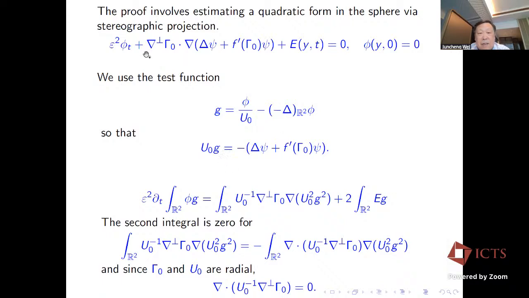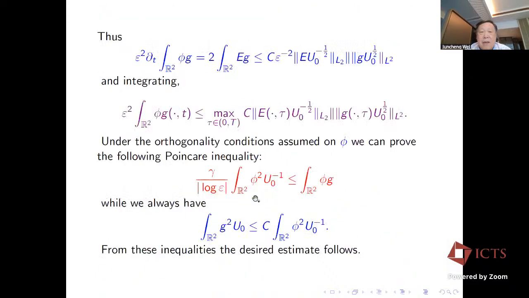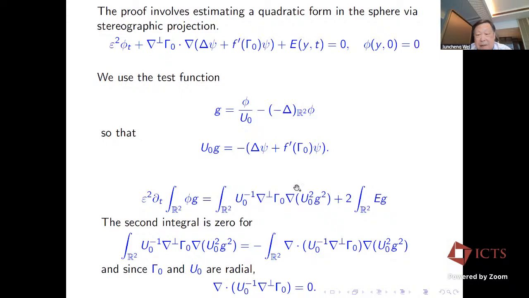And if we test this operator with this test function, then this operator here will become this, and since u is radially symmetric, we get this, and it turns out that this term here disappeared because you have this integration by parts.